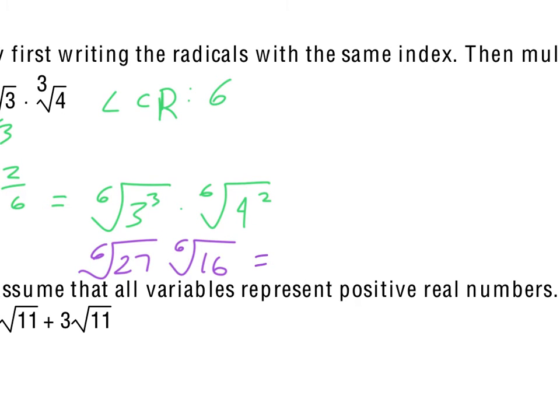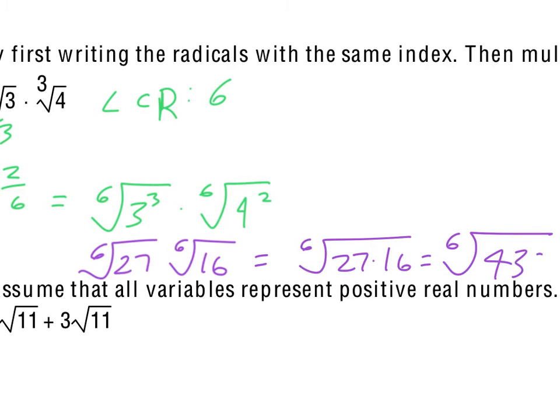We get the 6th root of 27 times 16, which becomes 432. And again, knowing where those factors for 432 come from, the 27 and the 16, we don't have any factors that are repeated 6 or more times, so we cannot reduce that at all.